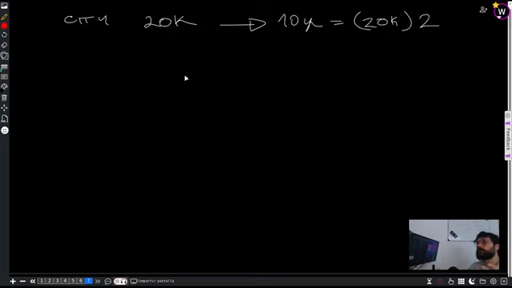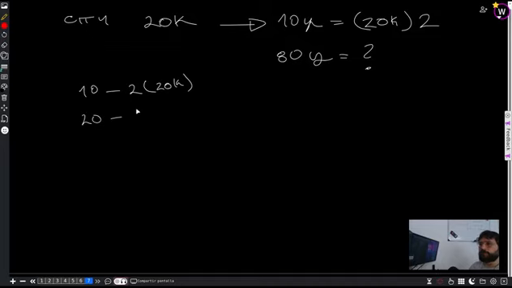What if we wanted to know how big this city would be in 80 years? Well, this is something where we can use powers. In 10 years, it would be 2 times 20k. In 20 years, it would be 2 times 2 times 20k. In 30 years, it would be 2 times 2 times 2 times 20k. And so on until we get to 80 years.